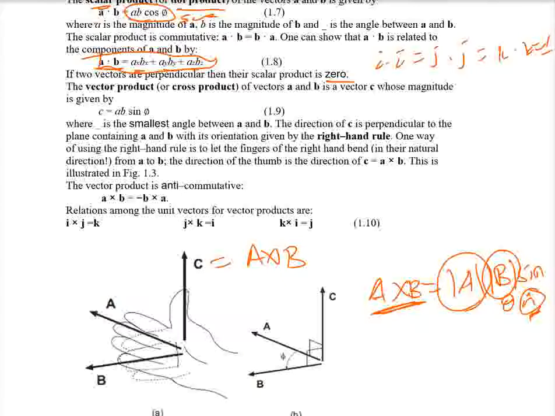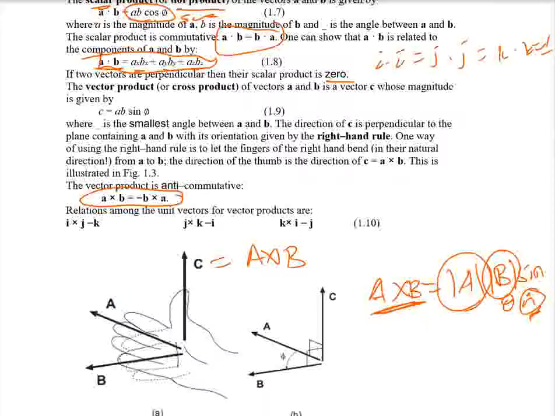And A cross B is not equivalent to B cross A. It's equivalent to what? Minus B cross A. It has a minus sign. But in dot product, A dot B is equivalent to B dot A. It's similar, doesn't have any change.